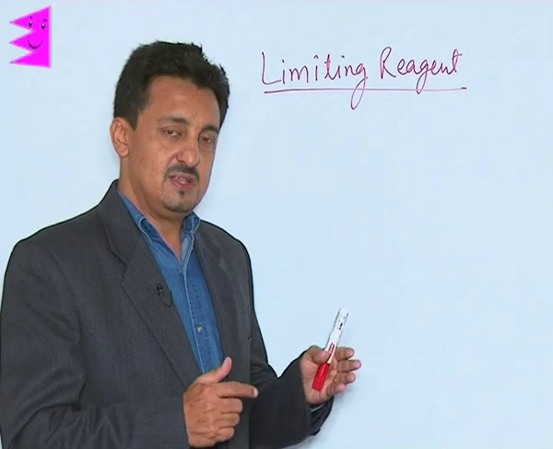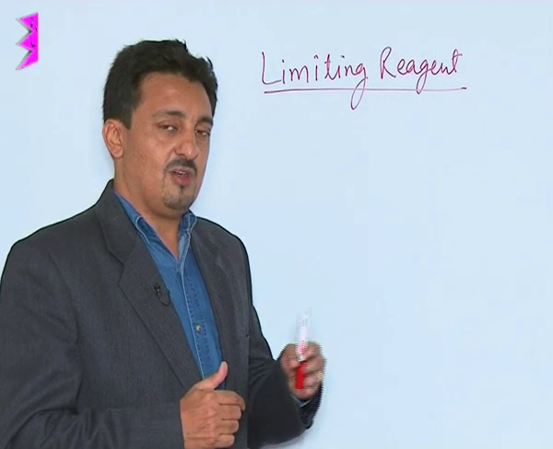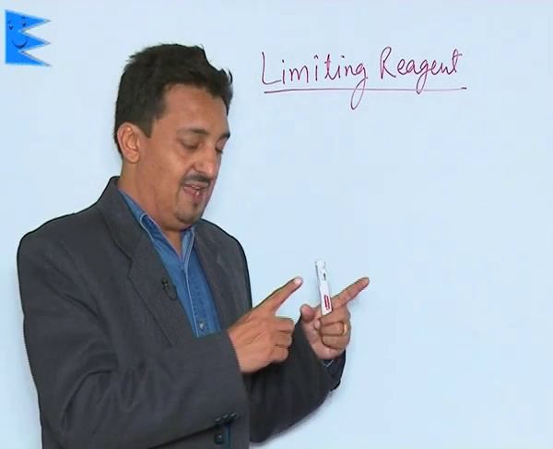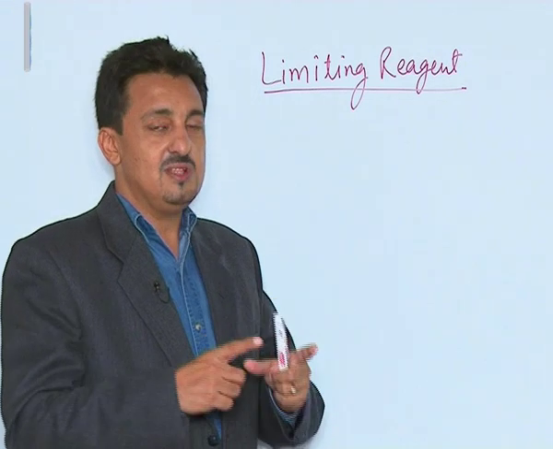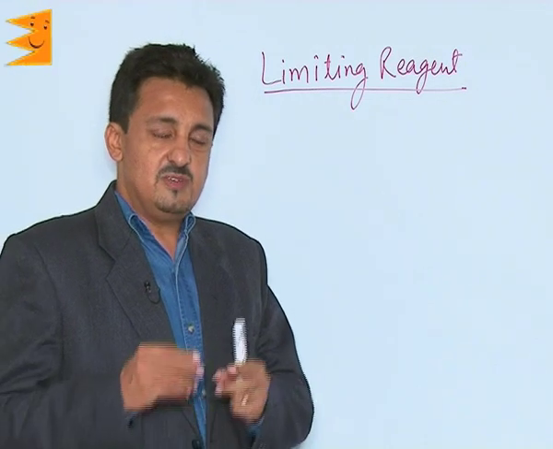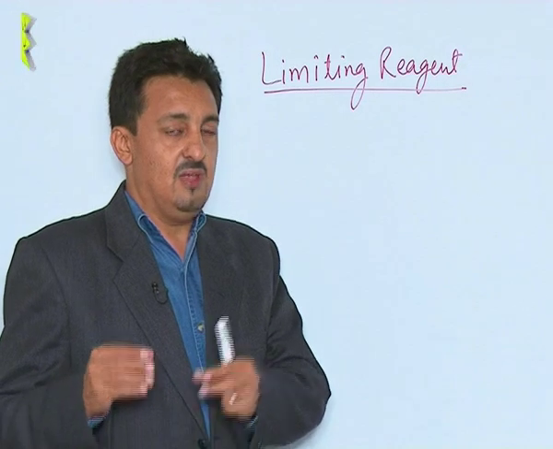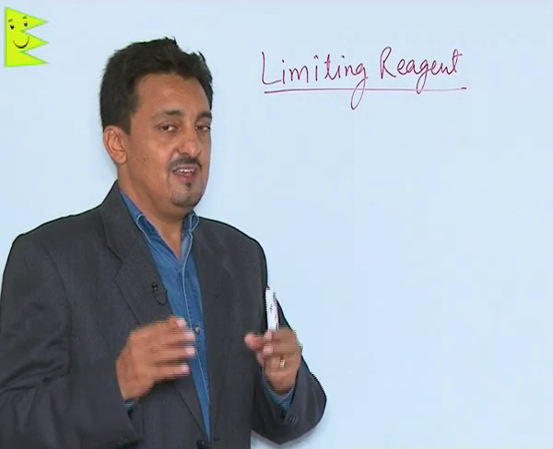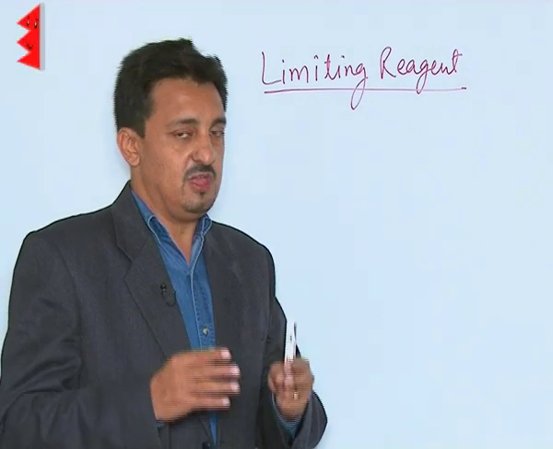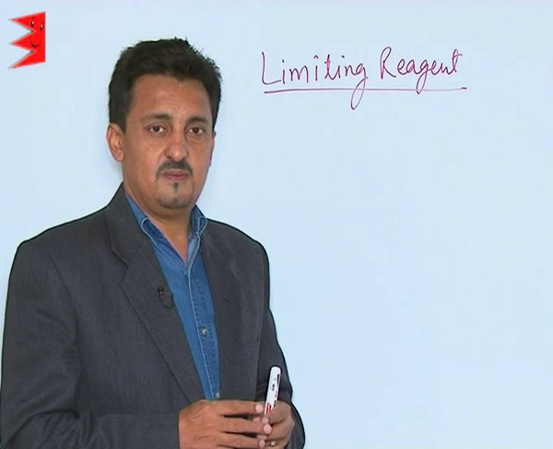Simultaneously, the other reactant will become in excess, and that extra amount always gets left out in the reaction mixture, which gets mixed up with the product, and therefore it decreases the yield or percentage purity of the product obtained.